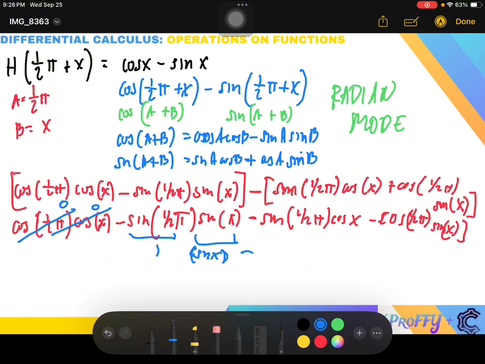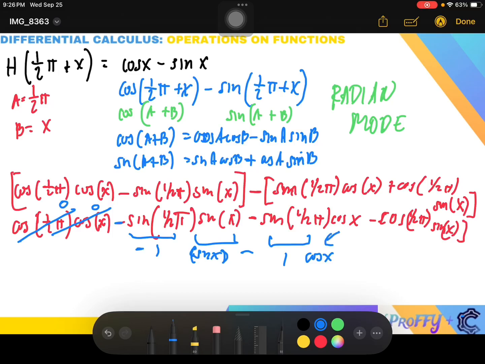Minus, so the sine of 1/2 pi, what is the value of sine of 1/2 pi, guys? Negative sign and negative sign. So the sine of 1/2 pi is 1. So this will be equal to what? 1 of cosine of x.